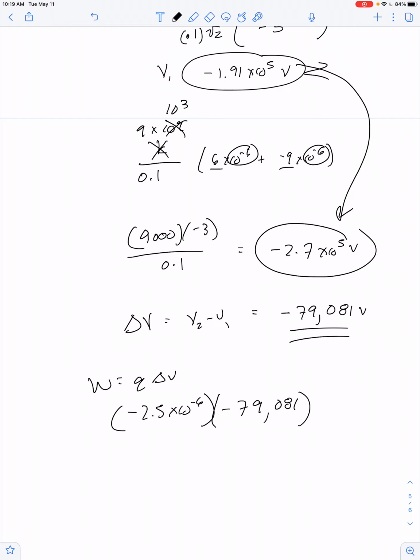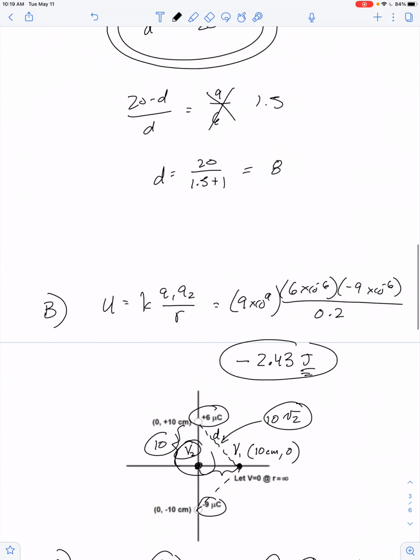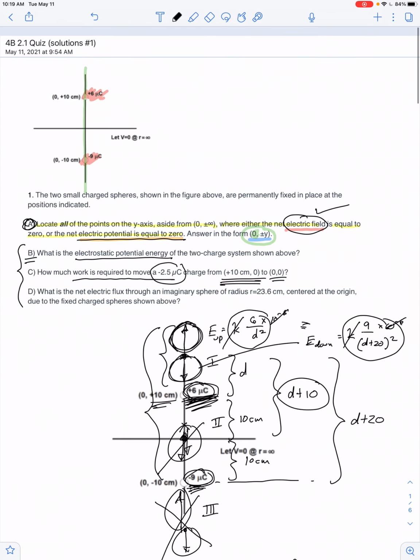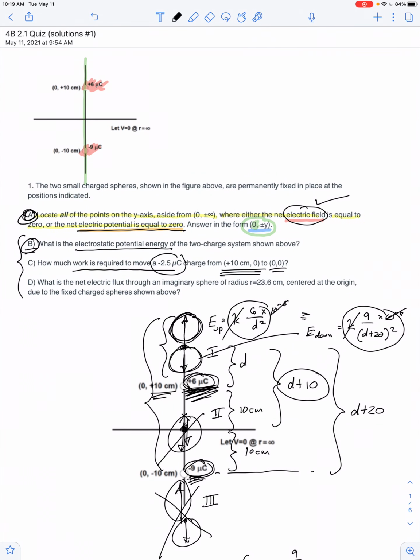And the product of these two values gives us very nearly 0.2 joules. If you want a lot of sig figs in your answer, I think it's 0.1977, but 0.2 will suffice. Okay, so we've got our answers to A, B, and C.